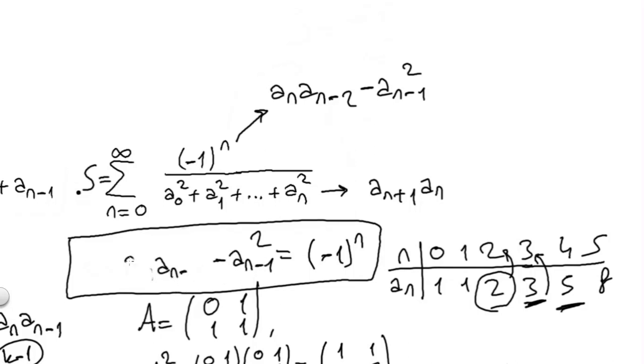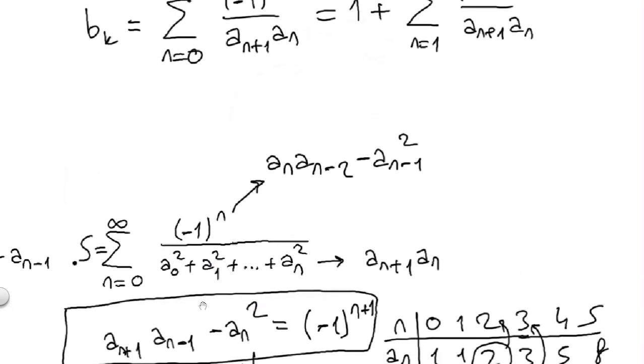Instead of n, I put n plus 1, so it will be a of n plus 1, and this was n minus 2, so it will be just n minus 1, and this is just an, and this will be n plus 1. Let's write it nicer. This is true for any n greater than or equal to 0.